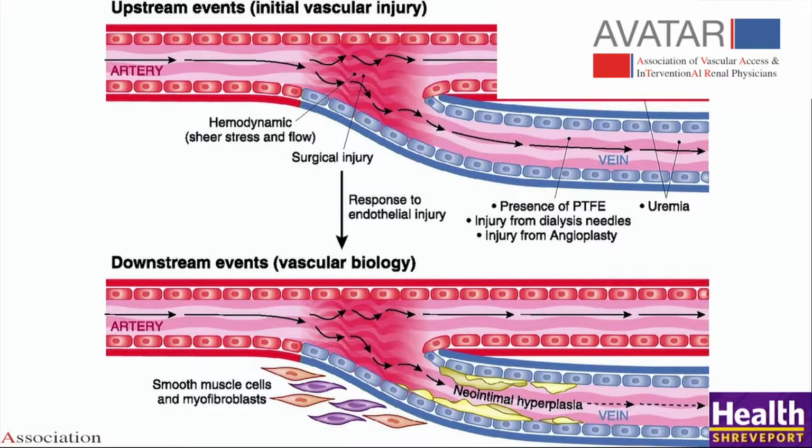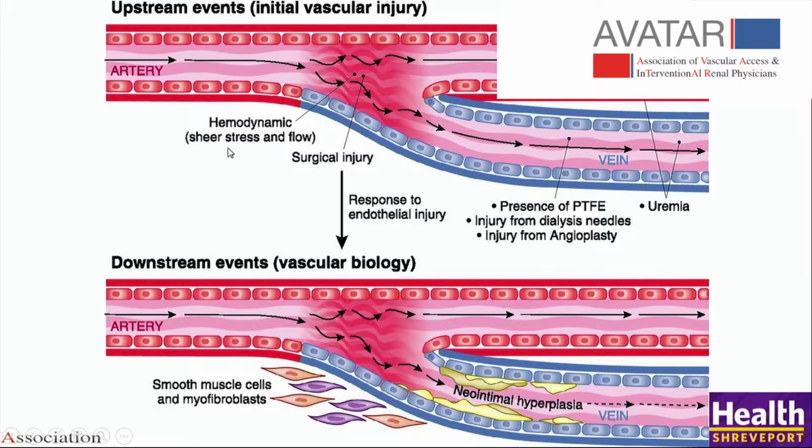When a fistula is created, there is injury at the time of incision. The vein is cut, it is often handled, it's often moved from the position it's supposed to be at. Dr. Shenoy talked about a technique from France where instead of moving the vein, the surgeons actually move the artery, trying to prevent that injury to the vein wall. Again, that has its own set of problems.